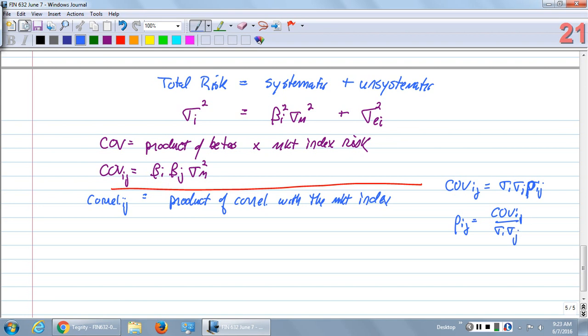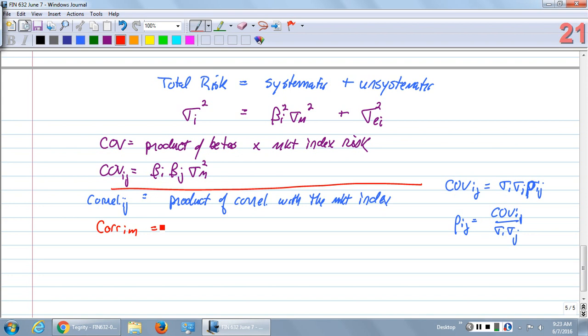Okay. I tell you that because I'm going to show you the layout to calculate the correlation between asset I and J. So I'm going to start with the correlation of I with the market.